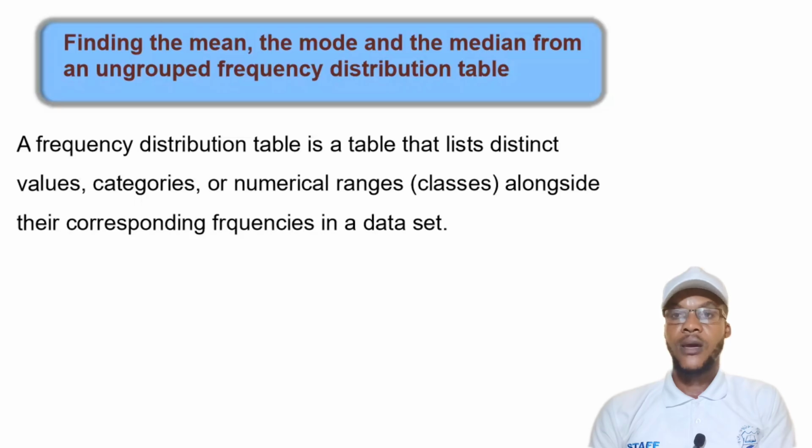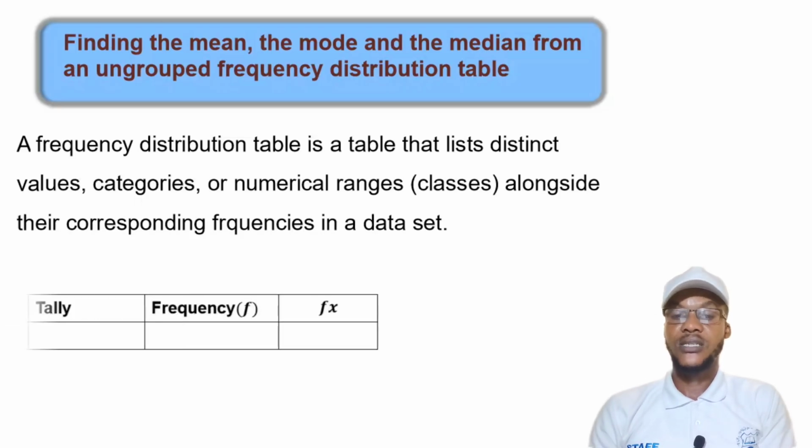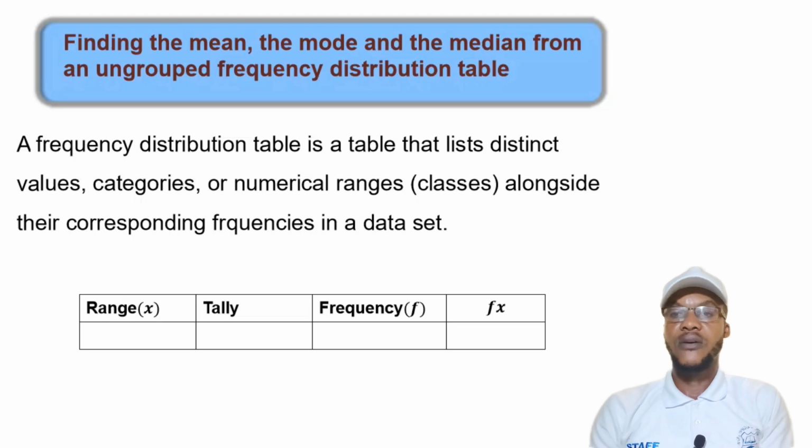Very interesting. So let's take our table. This is what a frequency distribution table looks like. The range talks about the classes, the groups, how you are going to arrange or summarize the data set. That is where we put them.